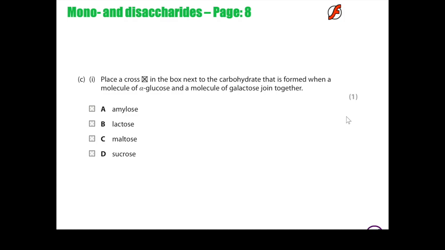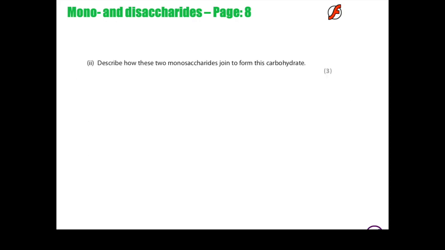Finally, they asked me here a multiple choice question. They said a molecule of alpha glucose and a molecule of galactose joined together make what we call a disaccharide. The disaccharide is the milk sugar, lactose. Describe how 2 monosaccharides join to form a carbohydrate. So they want me to write it up. How do monosaccharides join to form lactose?